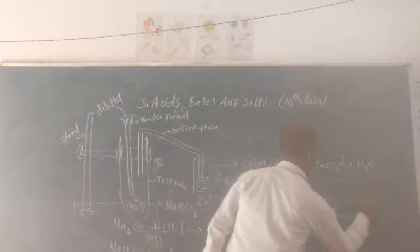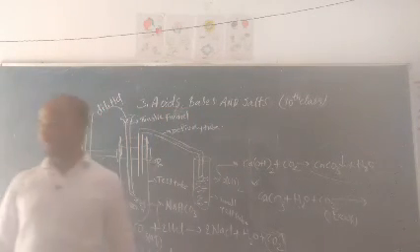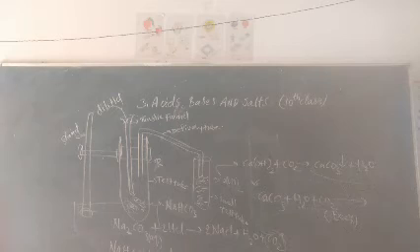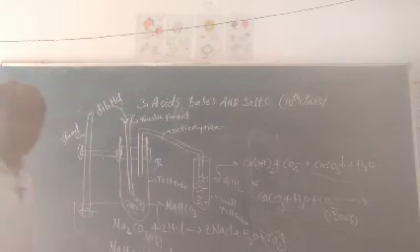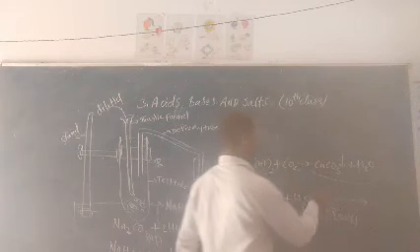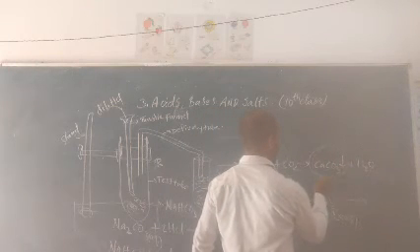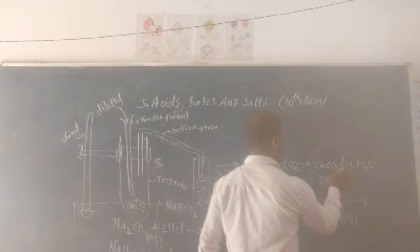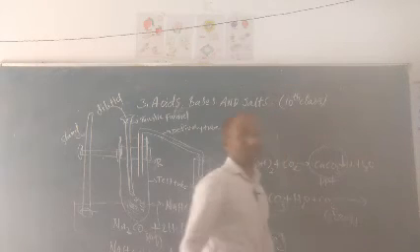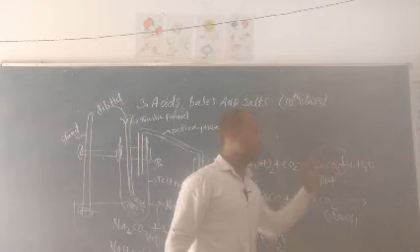At that moment, Ca(HCO3)2 is formed, which is aqueous. Actually, calcium carbonate is a precipitate, which means it is an insoluble substance. It doesn't dissolve in the solution.